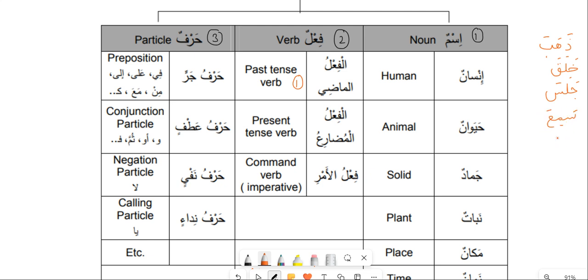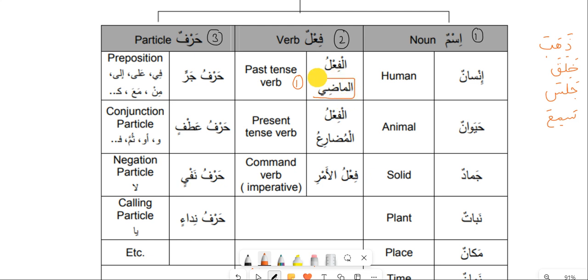There are a lot of past tense verbs, and from knowing these you can make the present tense, the command, and everything. As I said, what are the similarities? You can see the fatha in everything, and samia. There is a lot of information on the past tense, but right now I won't discuss it in detail. Know that these are all past tense, called fail madi.